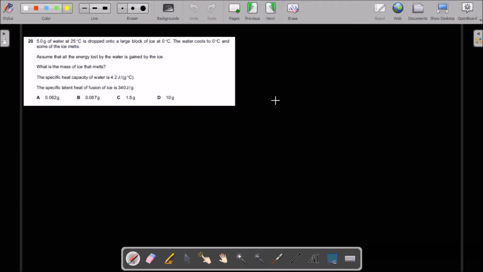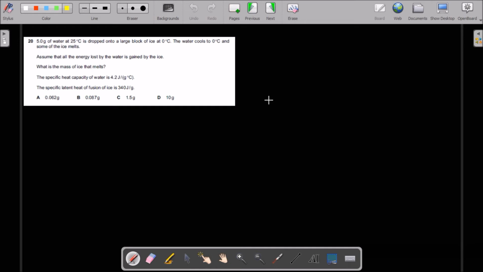Question 20. 5 grams of water at 25 degrees Celsius is dropped onto a large block of ice at 0 degrees Celsius. The water cools to 0 degrees Celsius and some of the ice melts. Assume that all the energy lost by the water is gained by the ice. What is the mass of ice that melts?